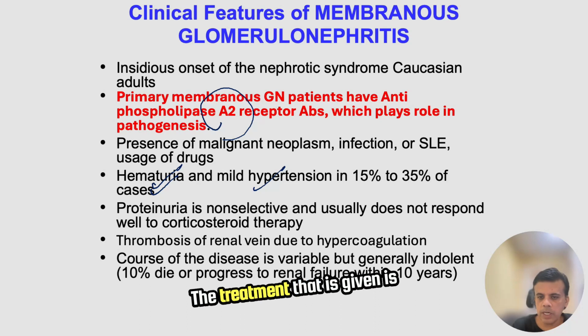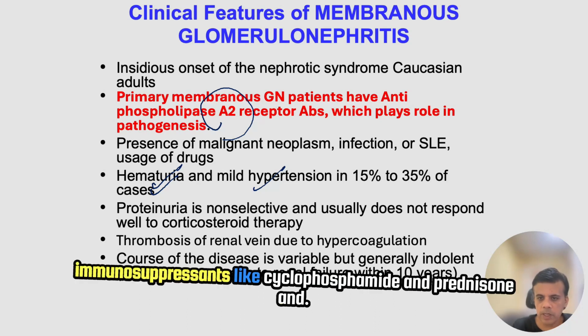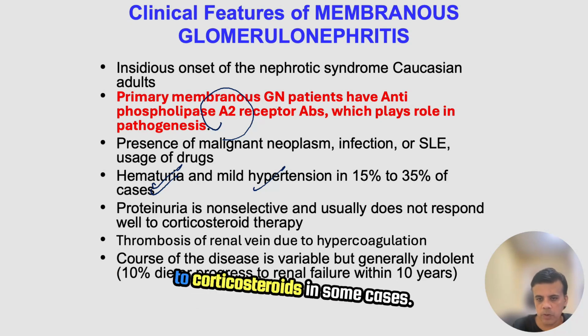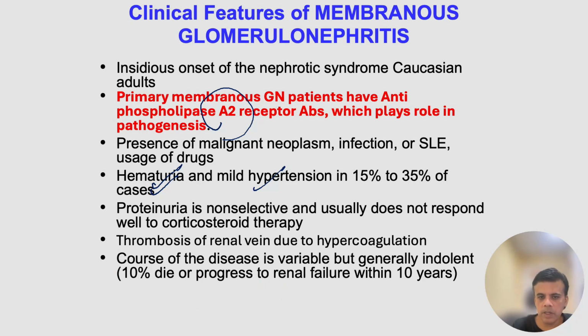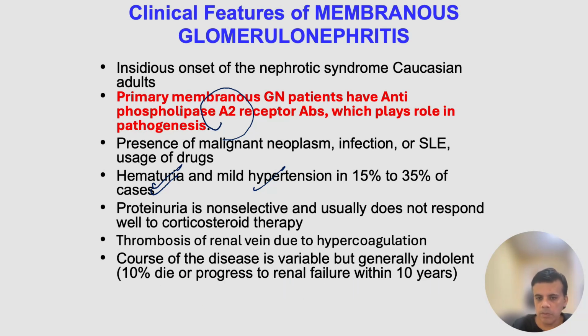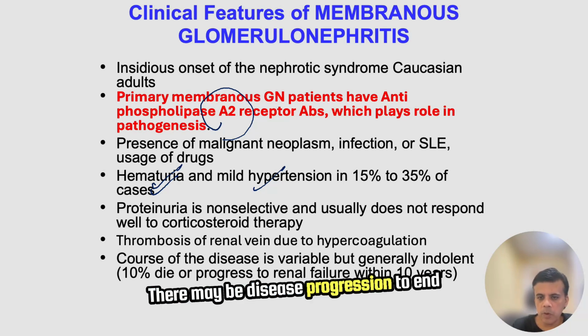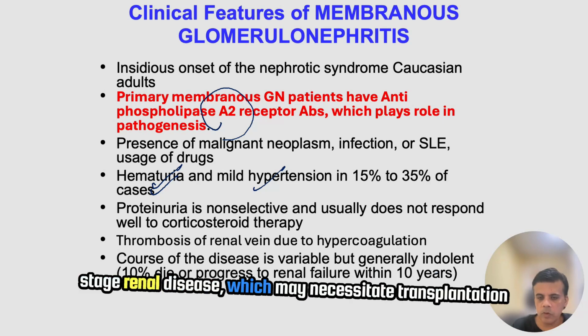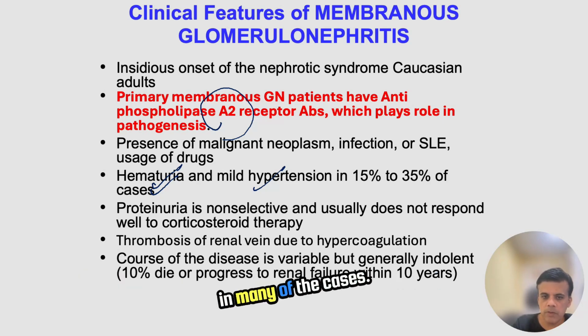The treatment given is immunosuppressants like cyclophosphamide and prednisone, and there may be poor response to corticosteroids in some cases. The course of the disease is quite variable, and there may be progression to end stage renal disease, which may necessitate transplantation in many cases.